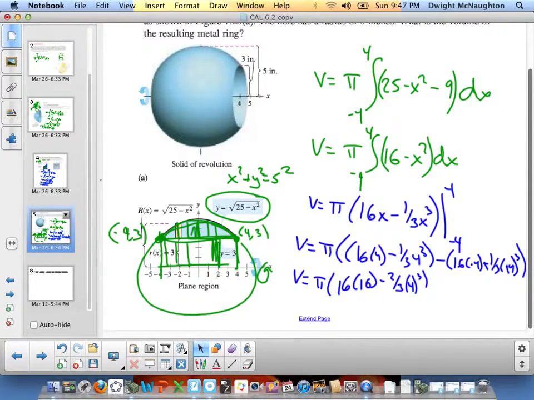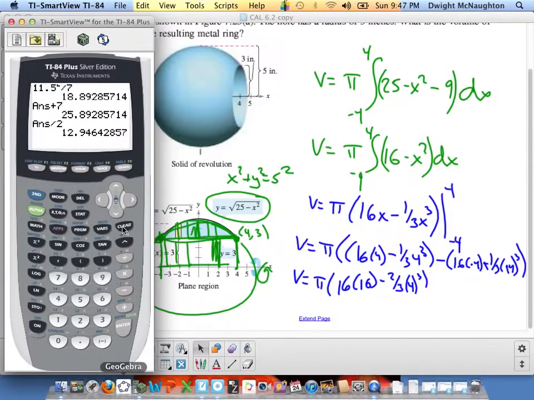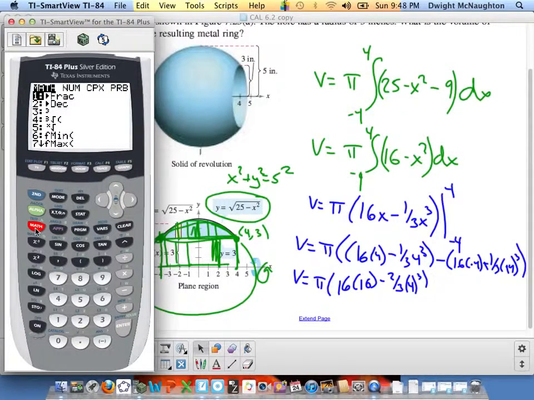Again, on the AP exam, an equivalent answer is fine. If you want to plug it in your calculator, get something a little more user-friendly, I'll show you how to do that on the graphing calculator. We'll go math 9, since we're integrating, from negative 4 to 4.